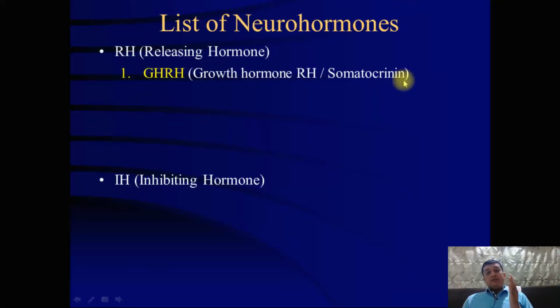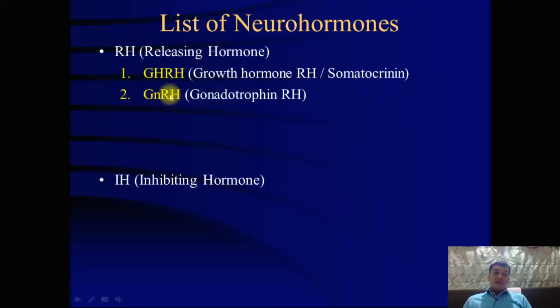For example, pepsin is a protein; similarly, somatocrinin is a protein. Crine means release, as in endocrine. So it is a protein which releases growth hormone, which is responsible for somatic growth, body cell growth. So GHRH is also referred to as somatocrinin.